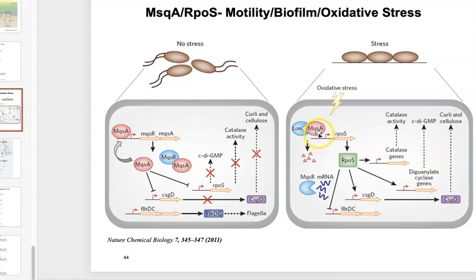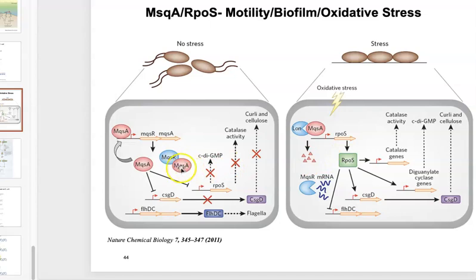And again, MqsA, one of its jobs is to block RpoS. And so in the presence of oxidative stress, for example, this protease becomes active, chews up the MqsA, as you see here, and breaks it down, freeing up this promoter. So as you can see here, MqsA blocks RpoS. That's what these flat lines are.